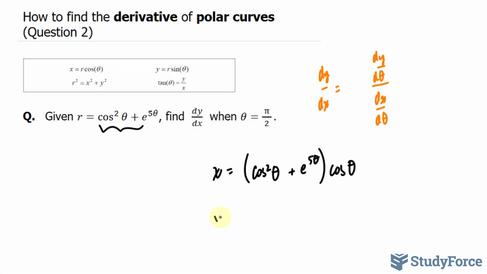Similarly, I'll do y is equal to the same thing, cosine squared theta plus e to the power of 5 theta. And placing this expression into here, we end up with sine theta.